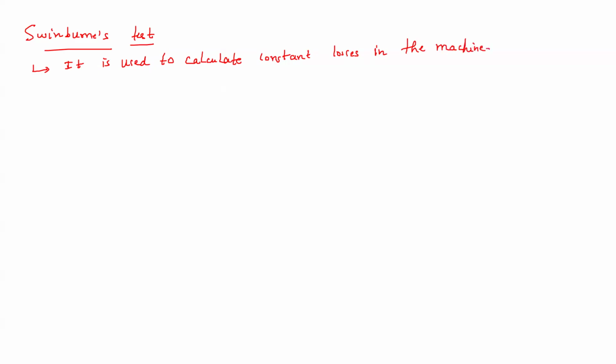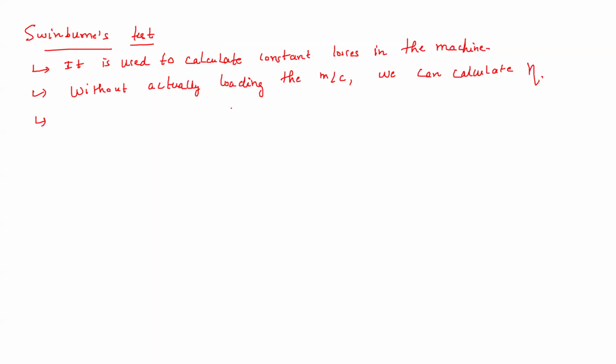Okay. So here, without actually loading the machine, we can calculate efficiency. Okay. So because we are doing it without actually loading the machine, this method is also known as predetermination of efficiency. Okay.